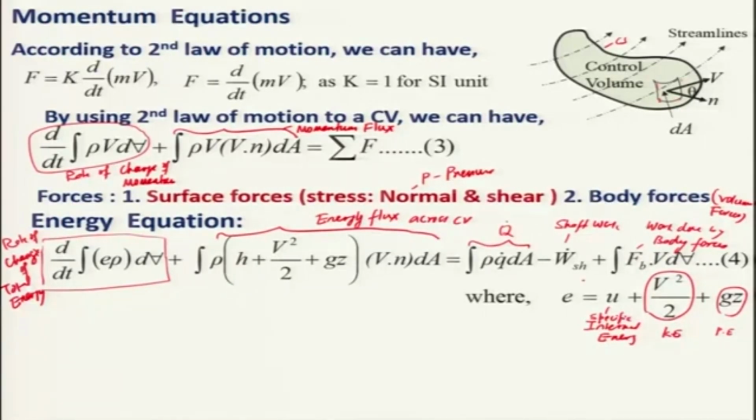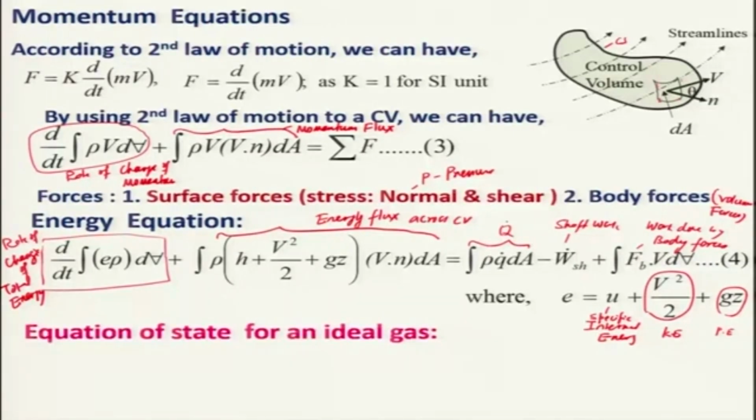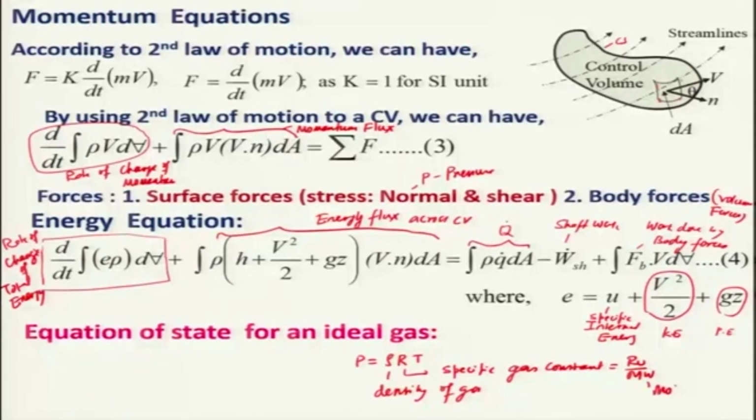If you look at the equation of state for an ideal gas, it is P equals rho R T. Keep in mind that P is the pressure, rho is the density of the gas, and R is the specific gas constant, which is equal to Ru, the universal gas constant, divided by the molecular weight.